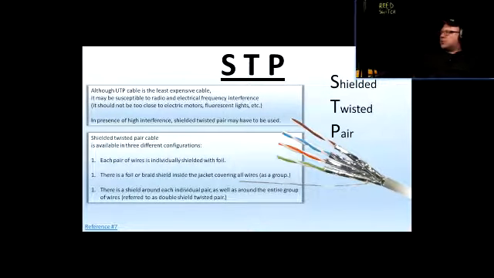Okay, so shielded twisted pair cable is available in mostly 3 different configurations. Configuration number 1, each pair of wires is individually twisted with a foil. So that's one option. Another option, there is a foil or braided shield inside the jacket covering all wires as a group.